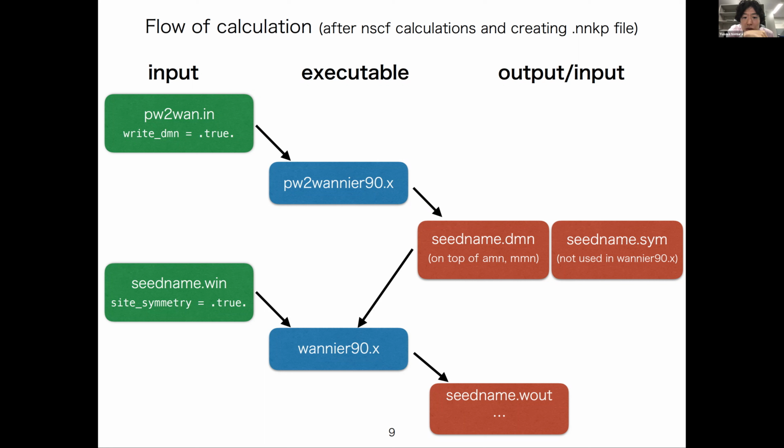Is this symmetry adaptation needed for the gamma only case?